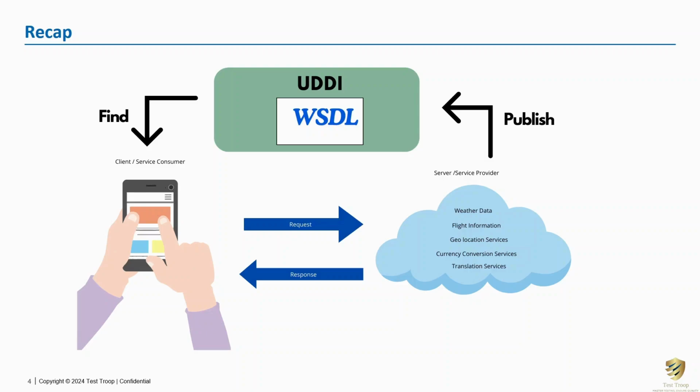Client gets this WSDL by performing a search in the UDDI registry. So WSDL and UDDI are an integral part of SOAP. So SOAP basically uses WSDL as a description language to understand the list of functionalities that are exposed by the web service, along with how to use these services, what are the parameters to be passed, etc.